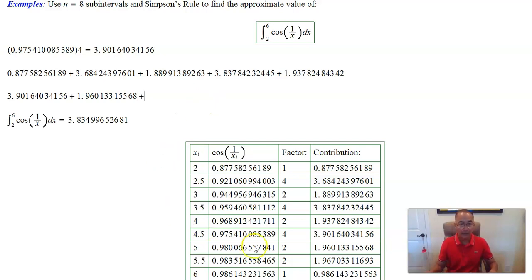And this is the last 4. 1, 4, 2, 4, 2, 4, 2, 4, 1.